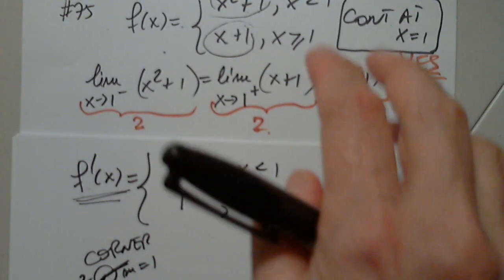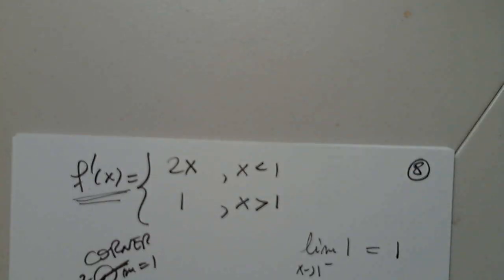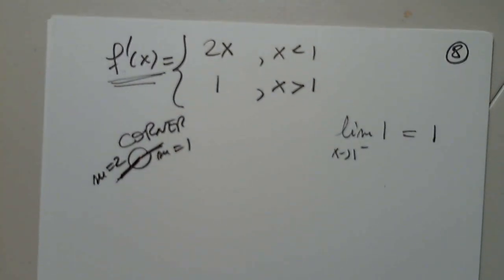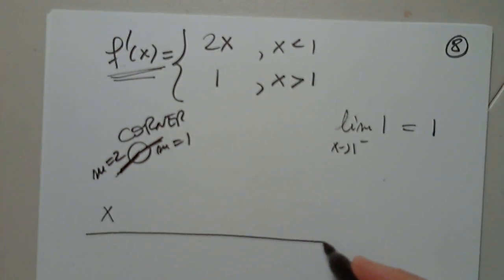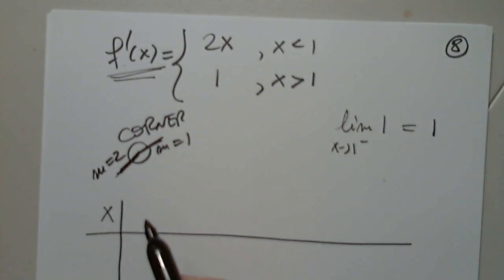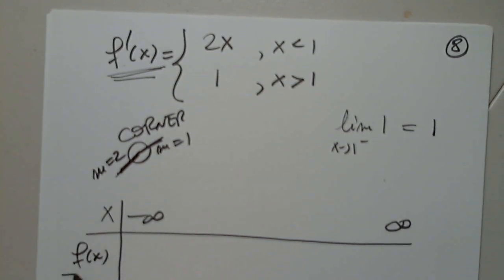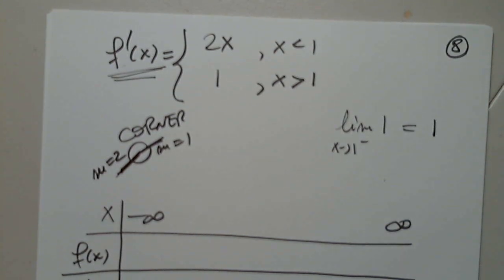So let's graph, because they ask us to graph those. So let's graph those two functions. So this is f of x, and this is f prime of x. And we're going to graph them one below the other.